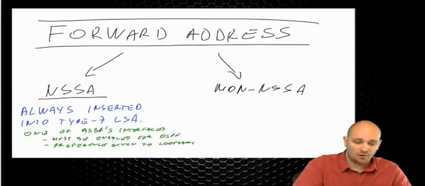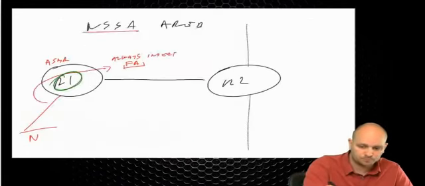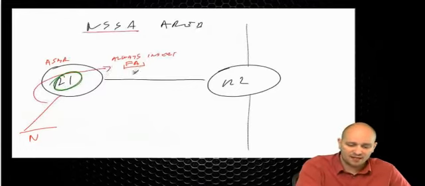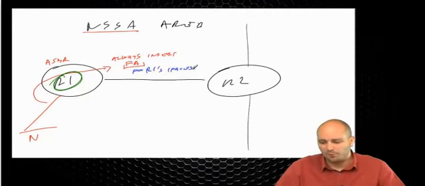So when this router here injects these routes into OSPF, when it generates type 7 LSAs, the forwarding address will be one of R1's interfaces.